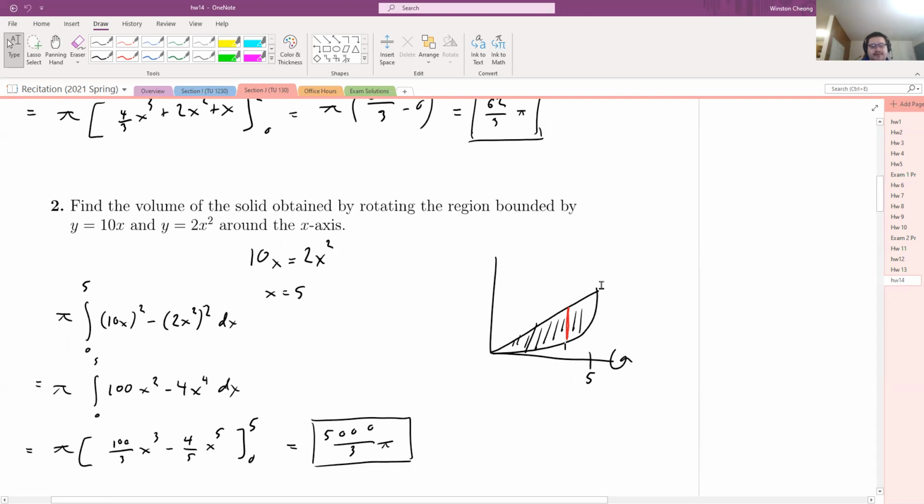But you'll need to solve the two given equations to be in terms of y, thinking of them as functions of y, so that you can re-express the integral. It would still turn out to be a washer type of problem. You'd have upper function minus lower function.